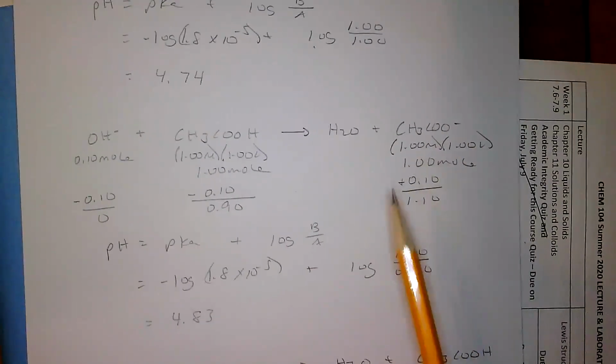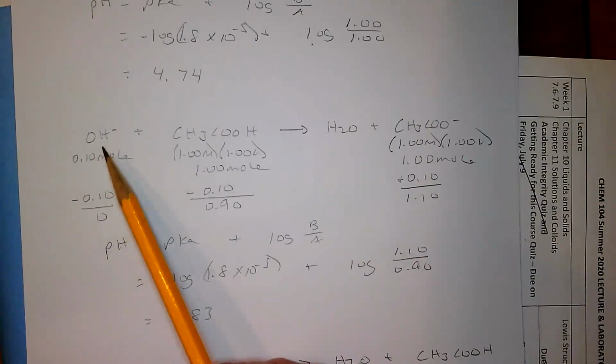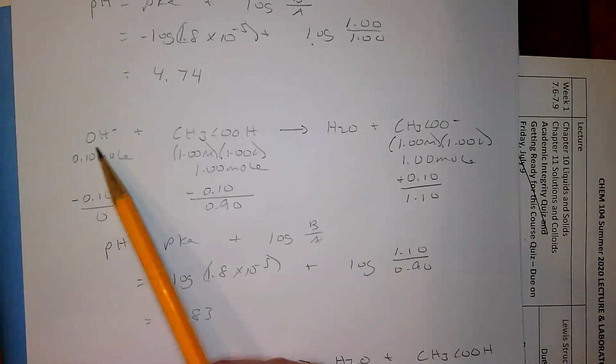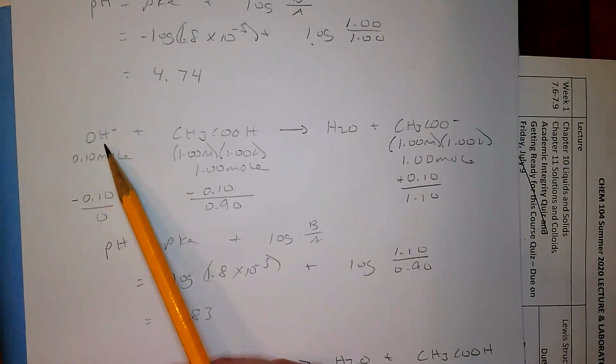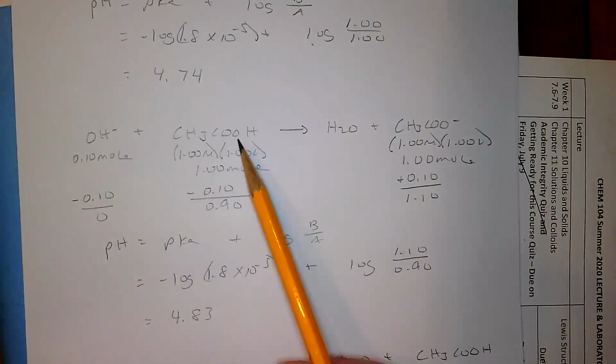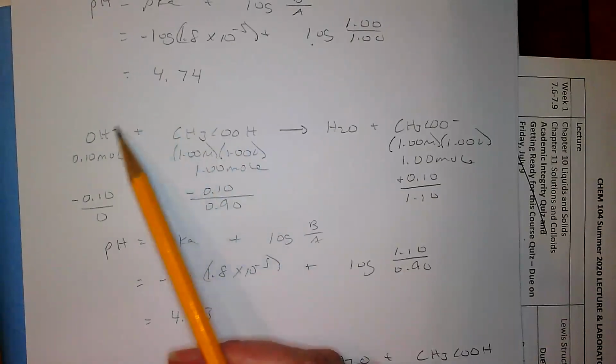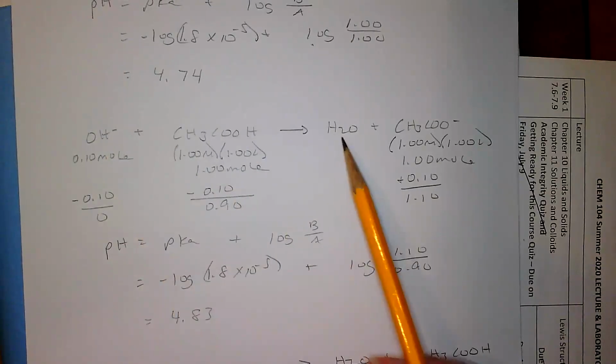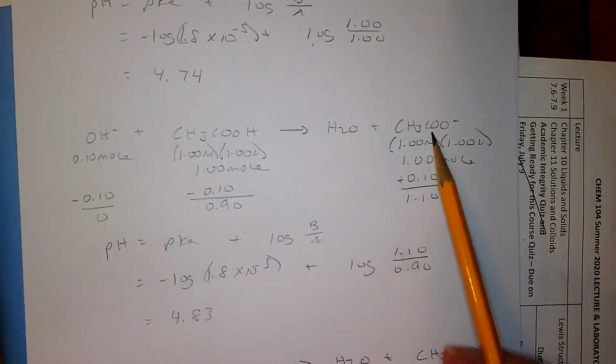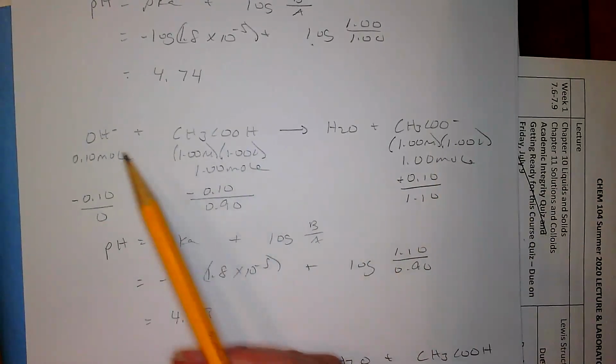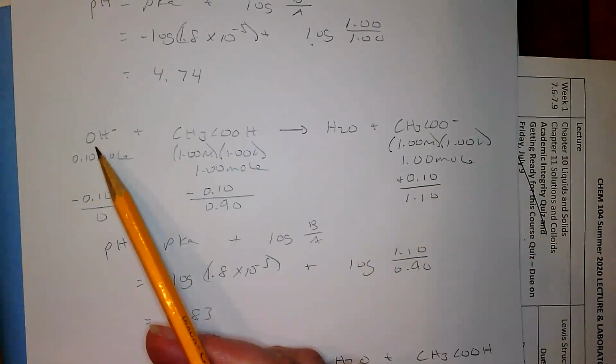So let's look at the second part. We're adding sodium hydroxide. Again, the sodium is a spectator, right? But the hydroxide, which is a base, is going to react with the acid in the buffer. Okay, acids donate that hydrogen ion. So we're going to produce water and acetate ions. Now, strong acids and strong bases react to completion.